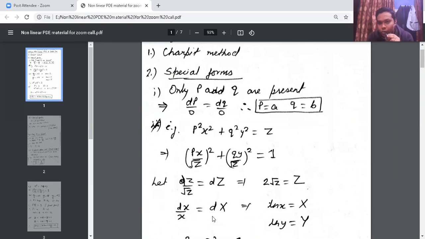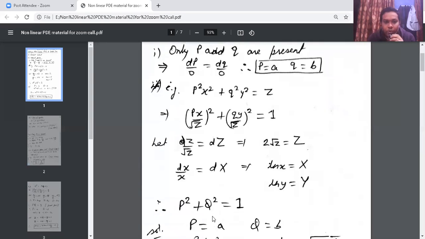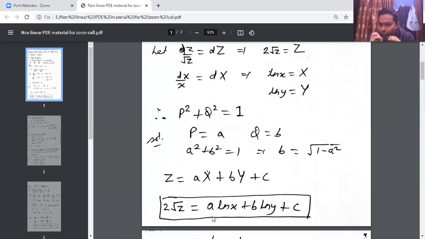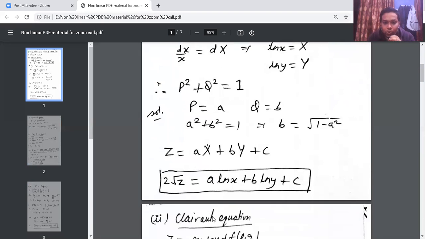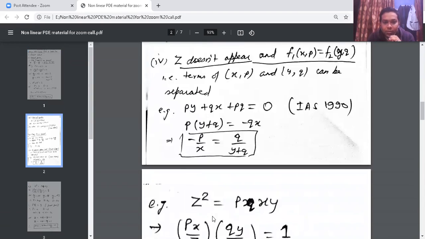But not all questions can be solved this way, because some are very complicated, where we need to use the Charpit method. So I'm sharing a few questions where the Charpit method gets a little more complicated. So let's move to the Charpit method.